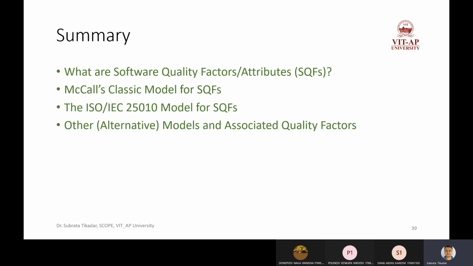Then McCall's classical model, the very basic or classic model. And then we learned a standard model for software quality factors, the ISO IEC 25010 model. We also have a brief idea about other alternative models and the associated factors.